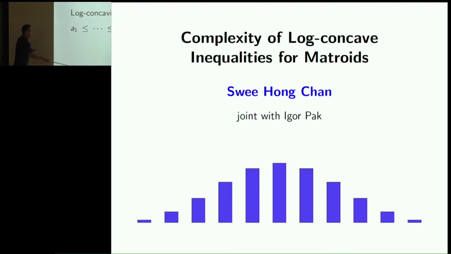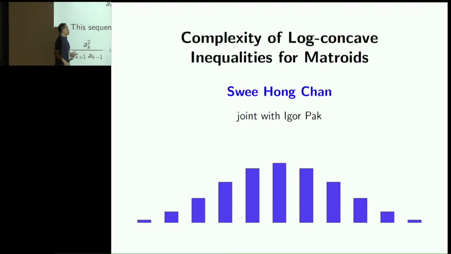For example, this sequence here, sorry, it is a bit low, is a log-concave sequence. It's because 9 squared is 81, and 81 is greater than, as far as I know, 4 times 16, which is 64. Okay? So this is log-concave. And the quintessential example, probably the first example of a log-concave sequence that we know, is the binomial coefficients. Here n is fixed, and k ranges from 0 up to n.